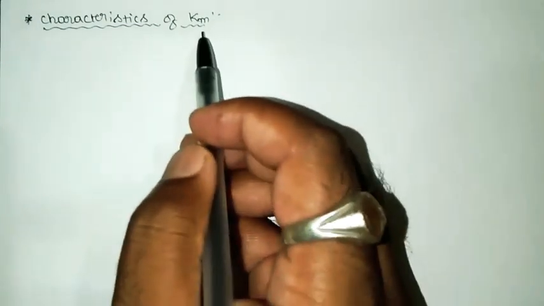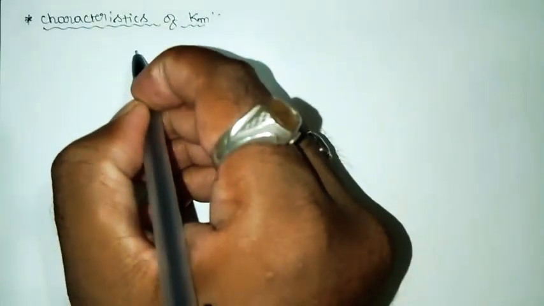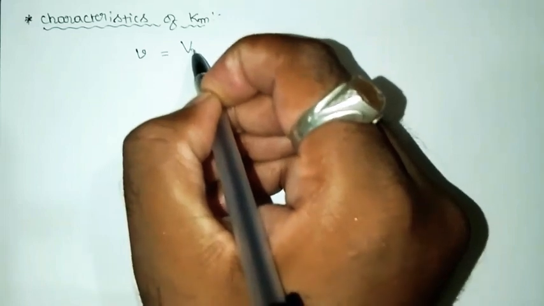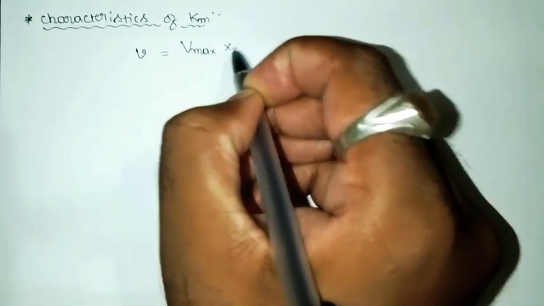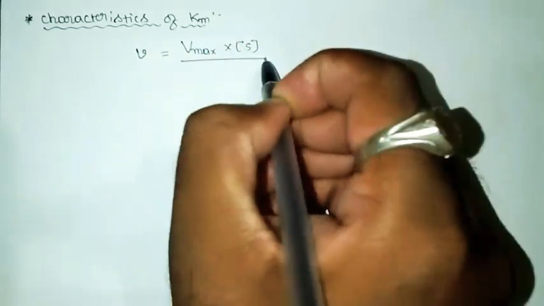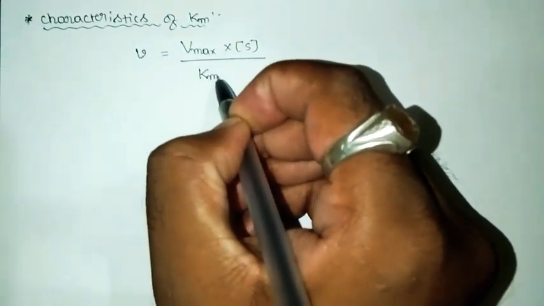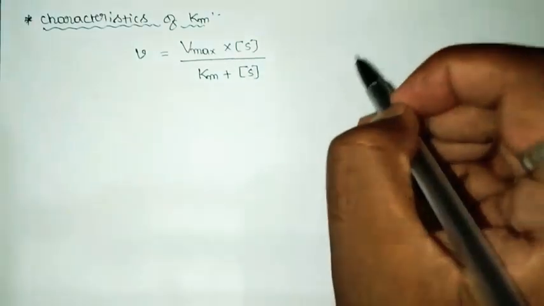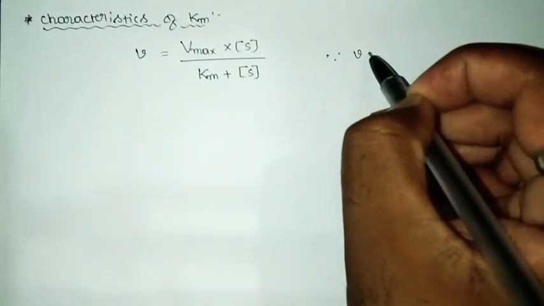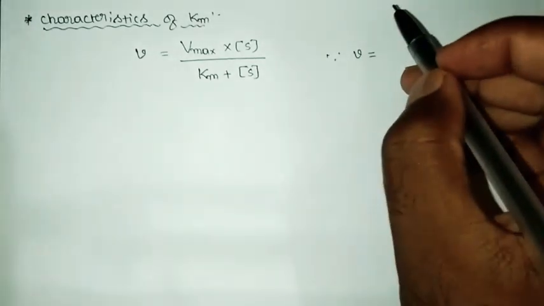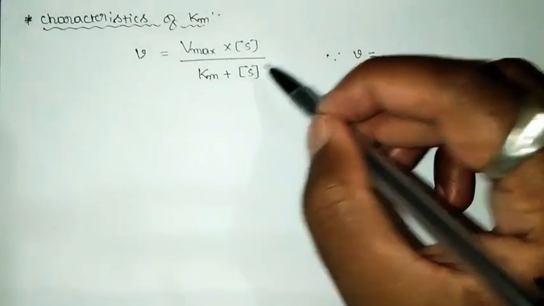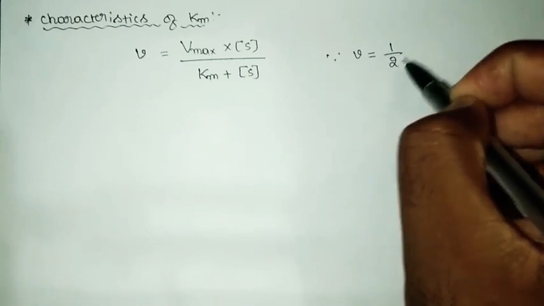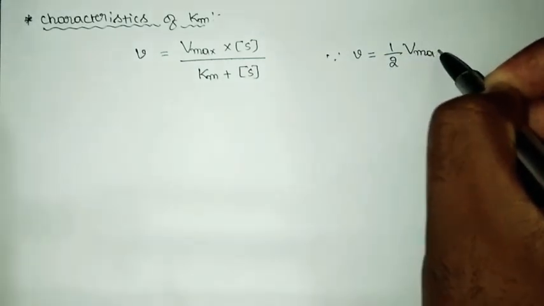In order to get the exact meaning of Km, we shall consider the Michaelis Menten equation itself, that is v equals Vmax into concentration of substrate, whole divided by Km plus concentration of substrate. Let us consider that the velocity at substrate concentration S is exactly half of the maximum velocity.